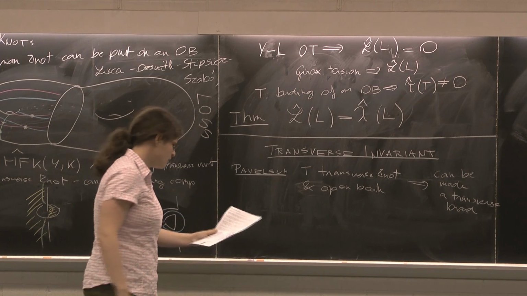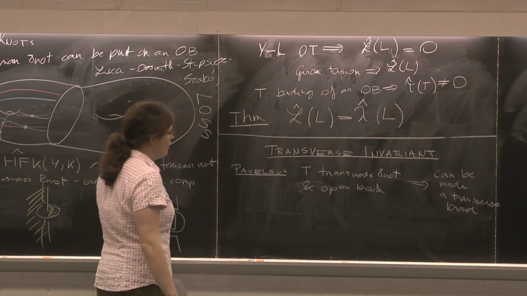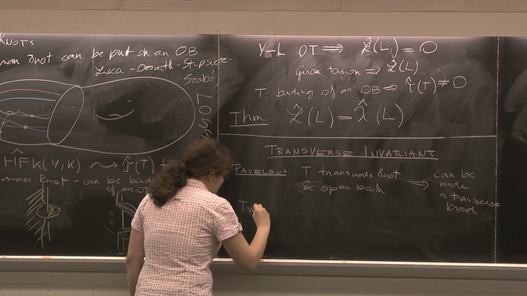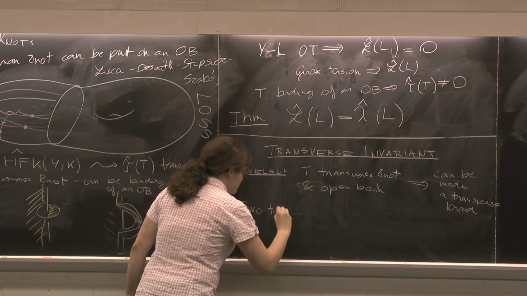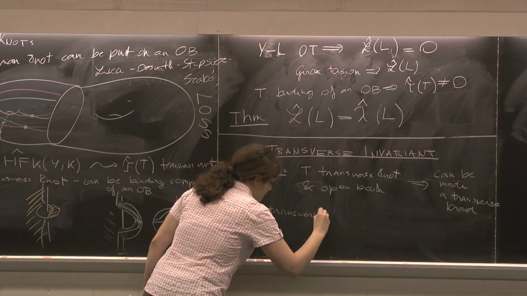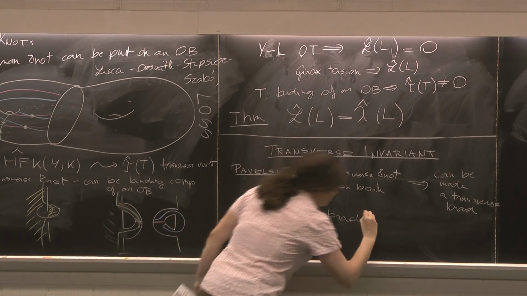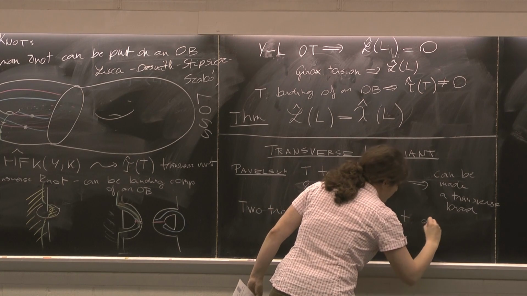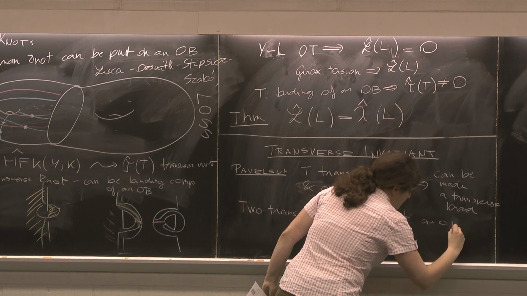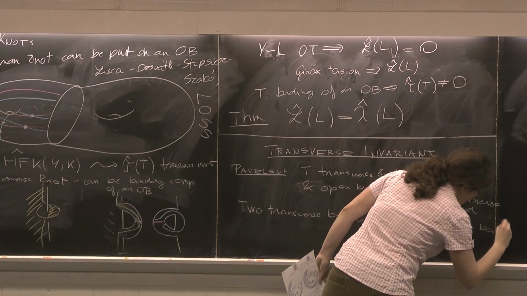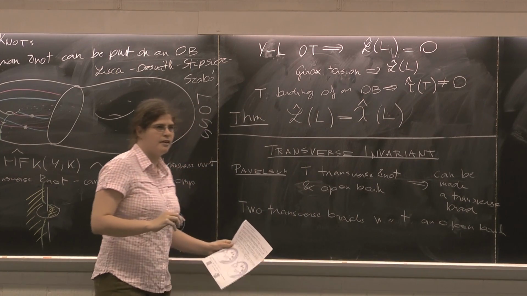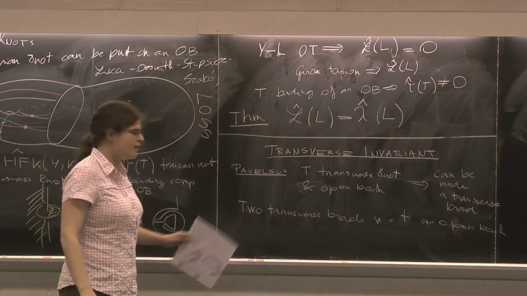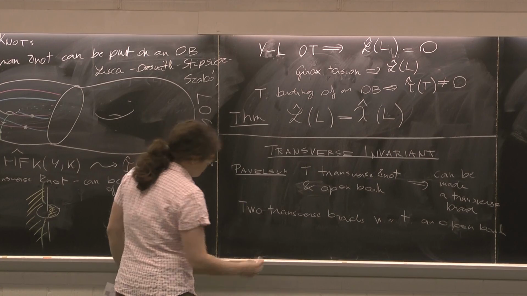She also proved that. So if you have two transverse braids with respect to an open book, if they describe the same transverse knot, they are related by the following moves.